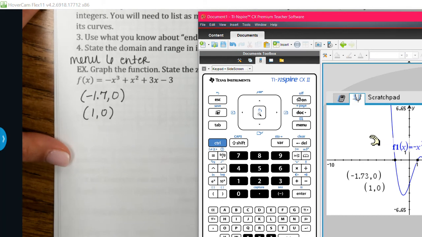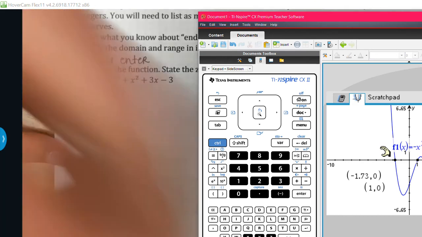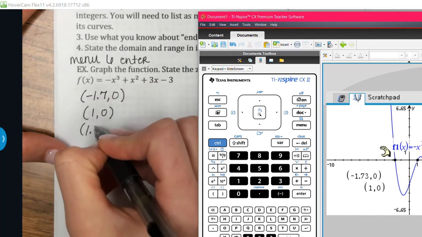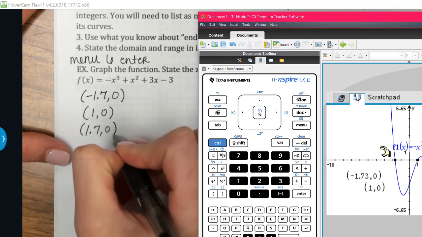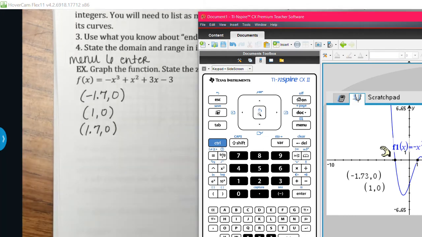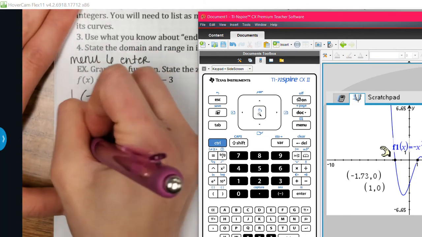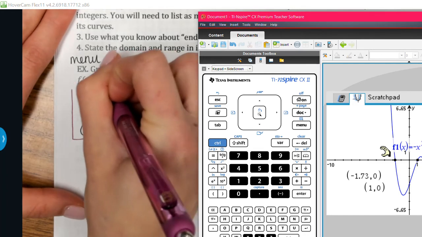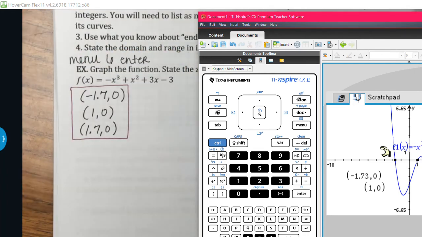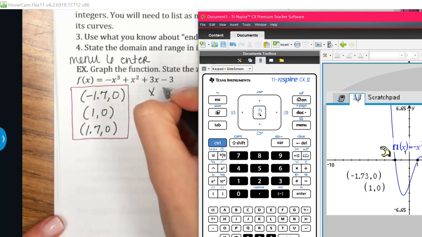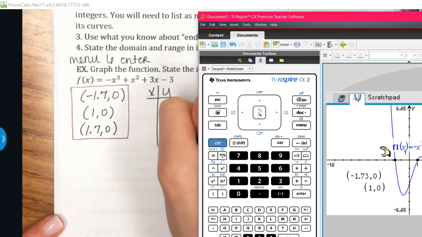And that is a positive 1.73, so I'm just going to do a positive 1.70. So those are my zeros. You must list them before you do your table. Okay? So then I need to create my table.